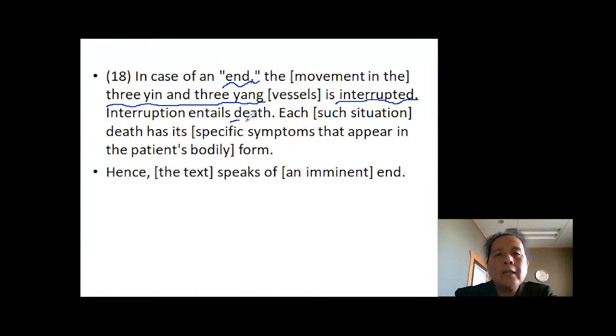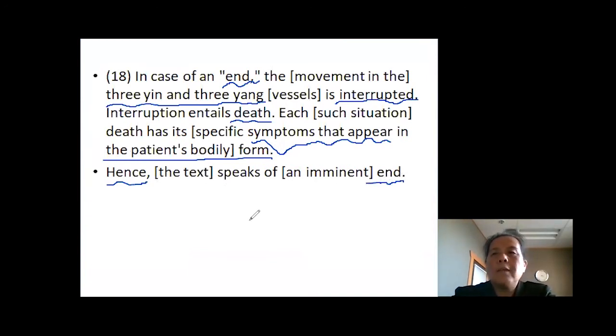In that condition, the patient will die. When people get this kind of severe condition, they have different symptoms and signs, but truly there is no pulse, no qi, no blood. That situation, like people close to death, means the pulse ending.